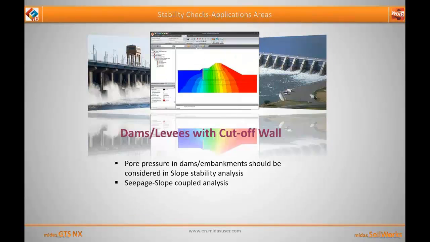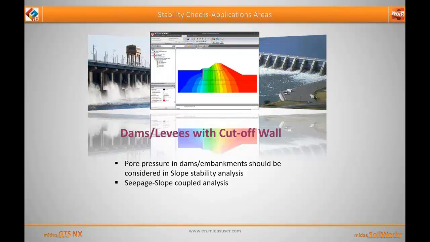Now, dams or levees with cutoff wall. Dams are structures in which almost all geotechnical analyses need to be performed, whether consolidation, seepage, or slope stability. But the important thing with slope stability analysis in dams is that you should be able to consider the pore pressure variation within the dam while performing the slope stability analysis.